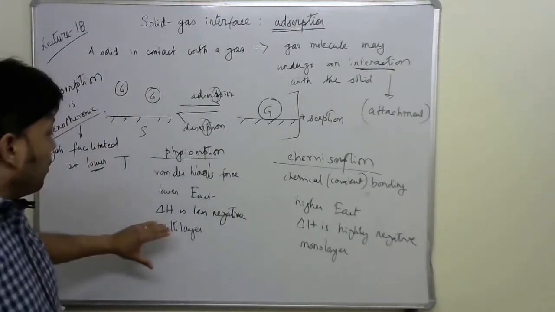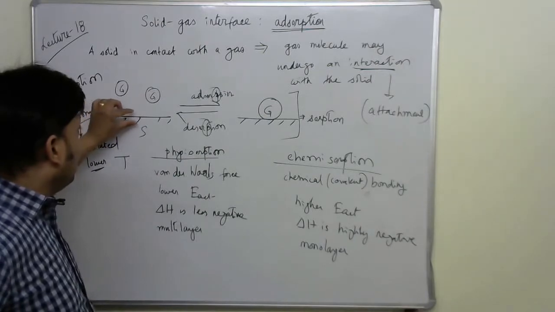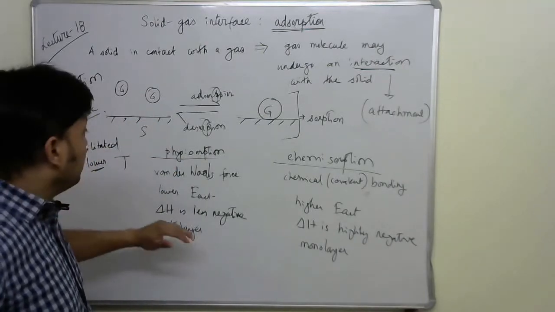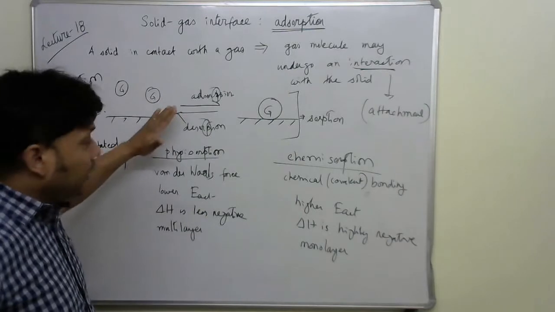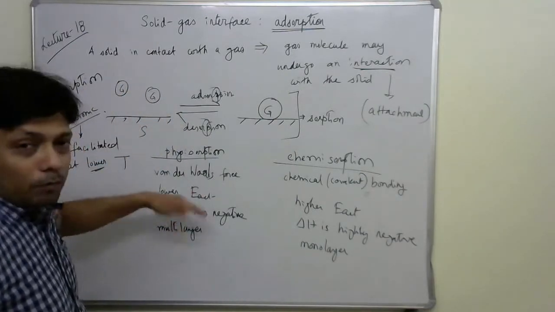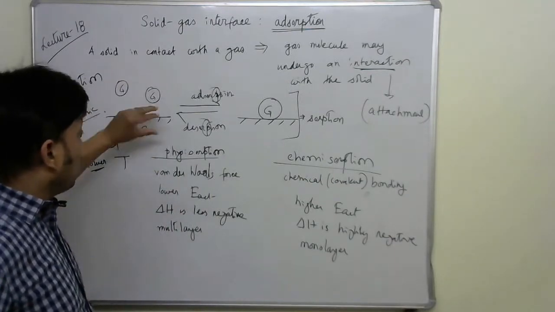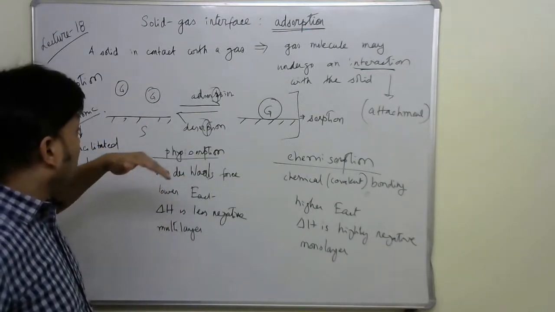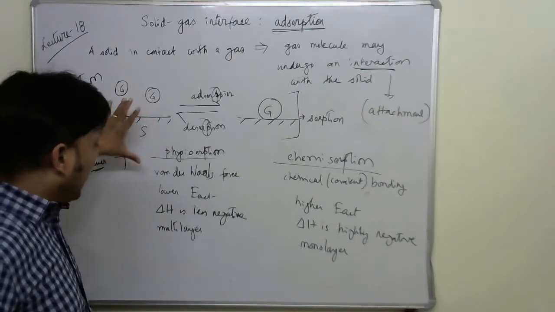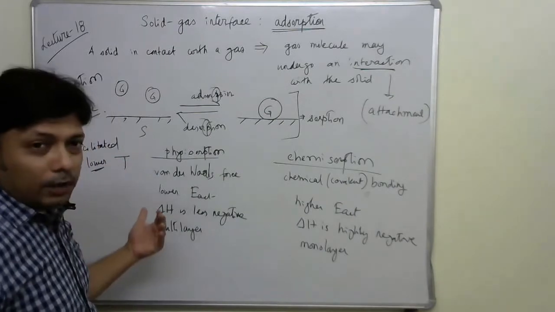Now when we talk about the multi-layer adsorption, there will be one layer having direct contact with the solid, plus there will be multiple layers. That means some more gas molecules would be sitting on top of other gas molecules. But when the gas molecules are sitting on top of each other, that would define a different phase, and that is almost equivalent to the liquefaction.